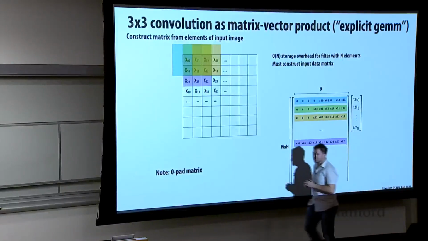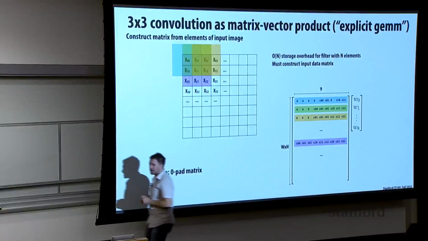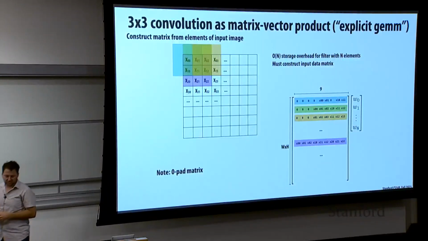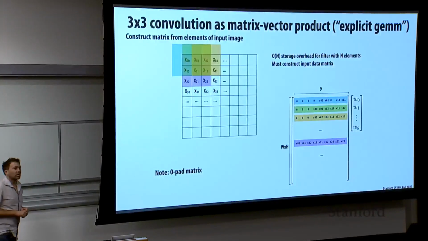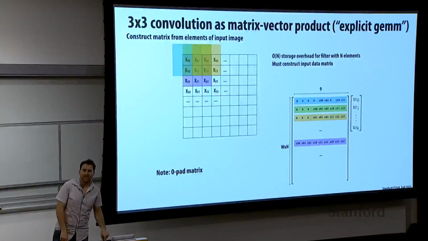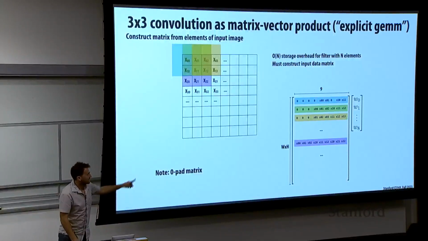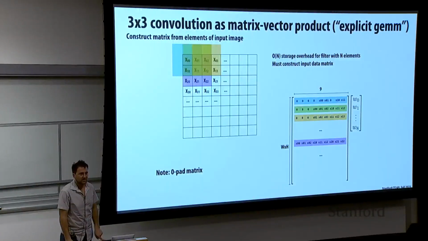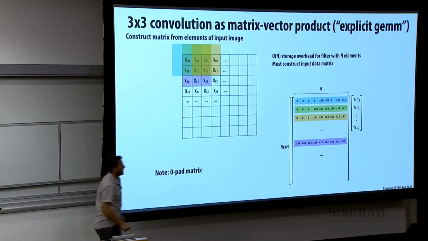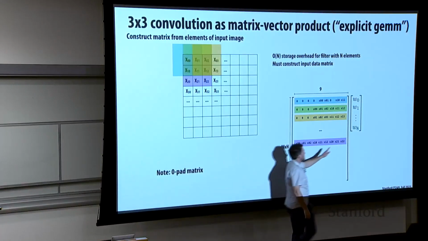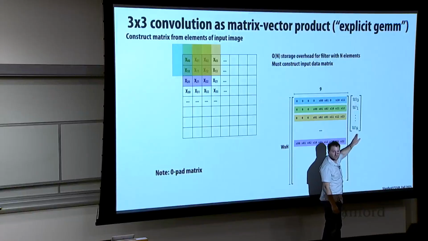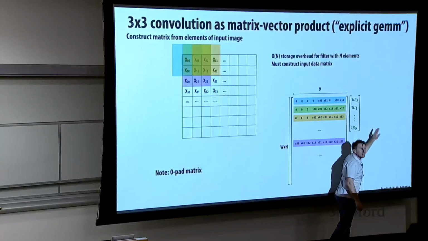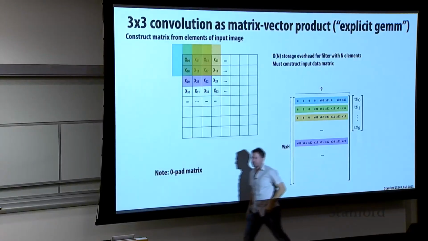Okay, so check your understanding. Now imagine I want to do a convolution with not just one filter, but with many filters. How does my setup change? Go. So this column vector, which is the weights of one convolution, I would just stack more and more columns there, and it becomes a matrix.